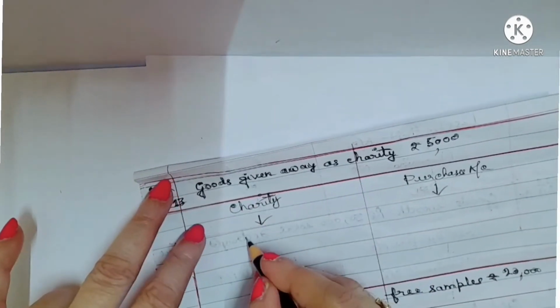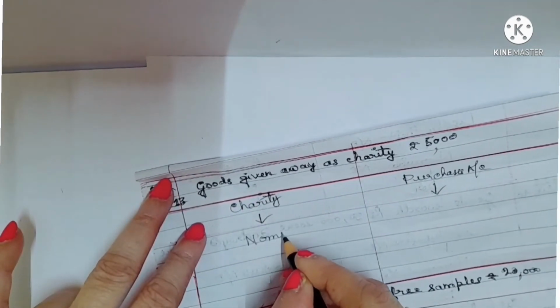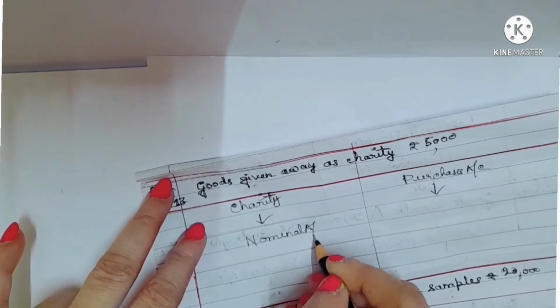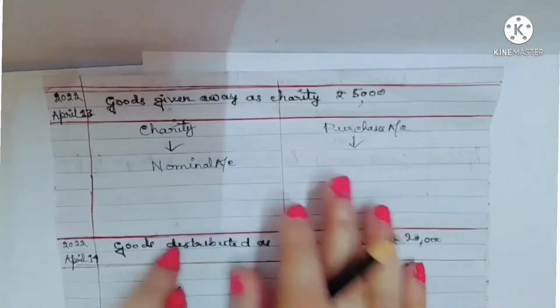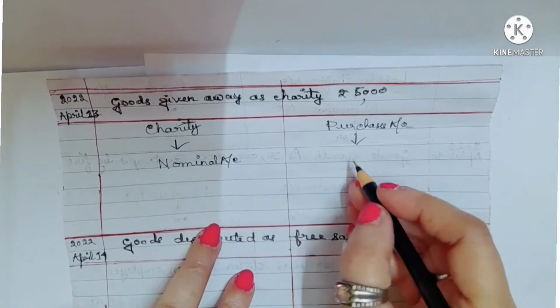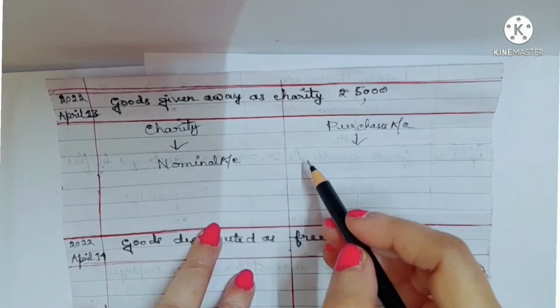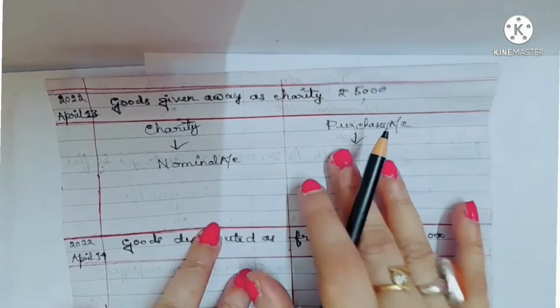Charity always falls under nominal account. Remember this thing, memorize it. And for purchases, no golden rules will be applicable here.